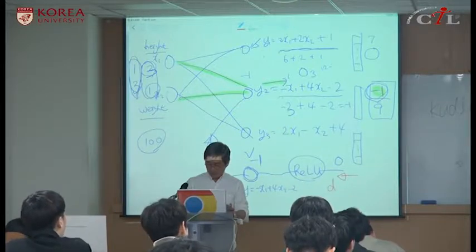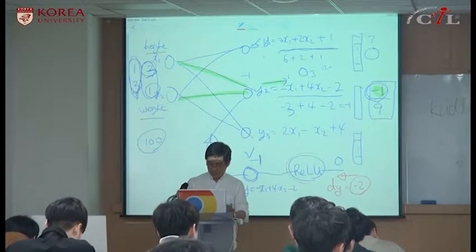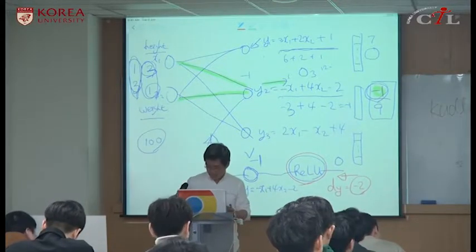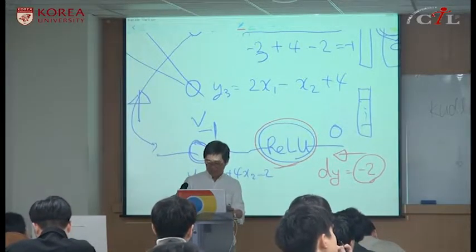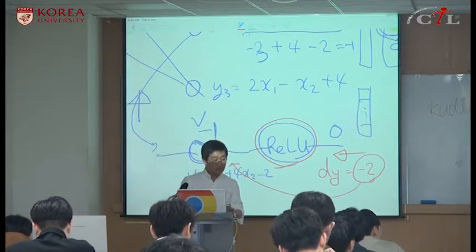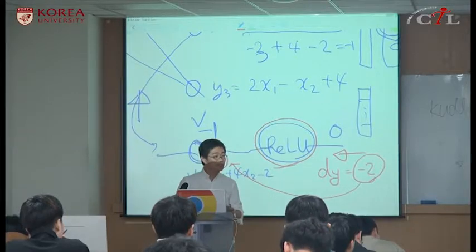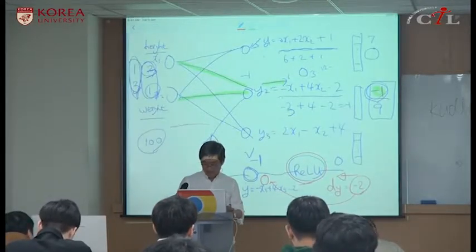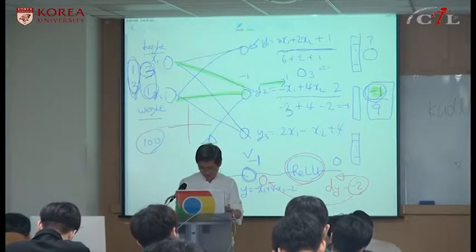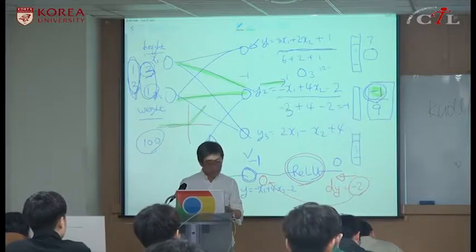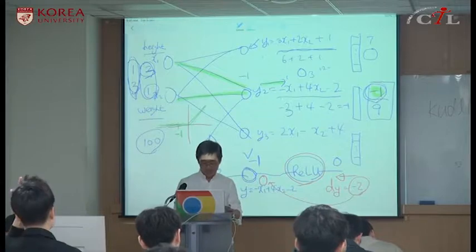Suppose dy at this point is -2, for example, and then if the Relu activation was 0 because of the negative input, then the corresponding gradient will be 0, right? Does it make sense? Yeah, because our Relu function is something like this, and the current activation was the case where we have an input of -1 and then output is 0.